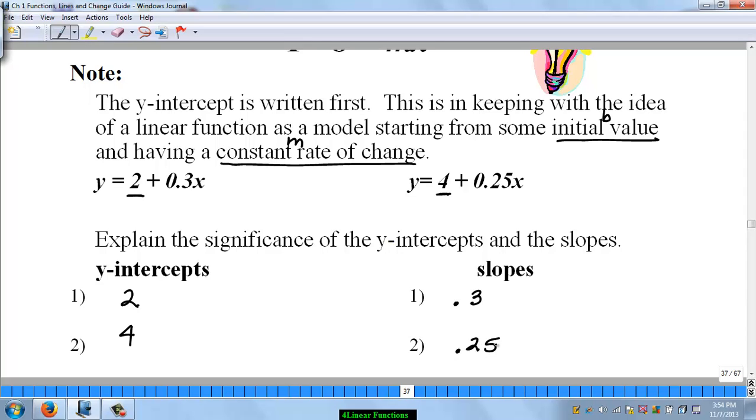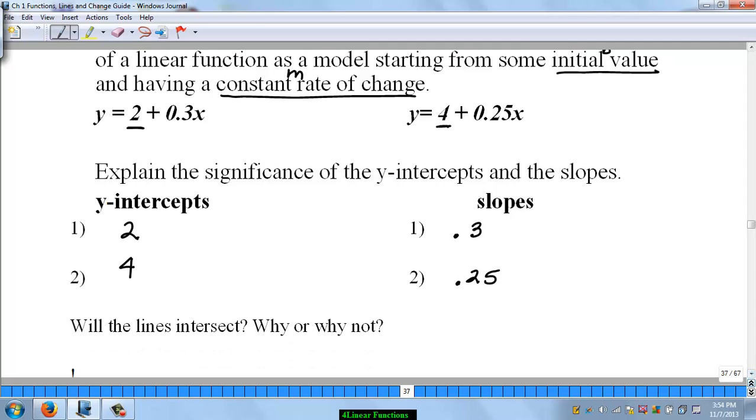So I know right now that this one starts at 2, this one starts at 4. So I know this one starts higher. But then the slopes, this is 0.3 and this one here is 0.25. So even though this starts higher, the slope is less, so it's not going to be as steep.